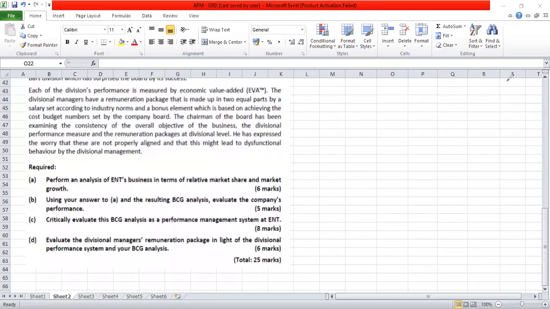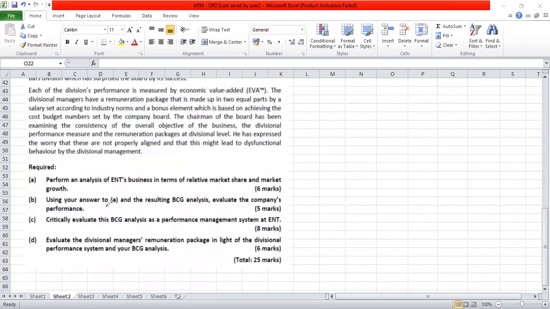There's no difficult part to it. It's only the mathematical part that has 6 marks there. You can see that here in the requirements, the first question has 6 marks.